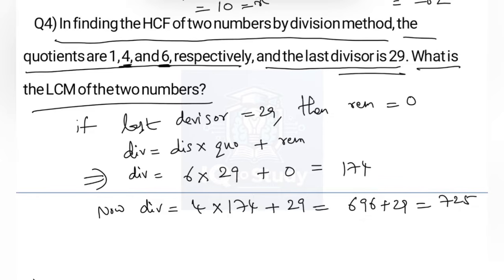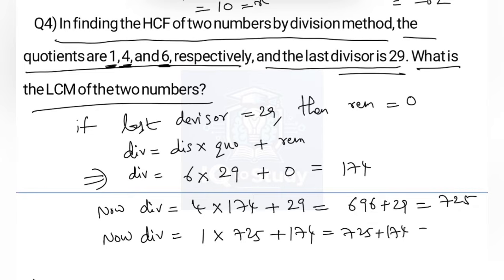In this case, the divisor before 725 was 174 and the quotient is 1. So, dividend is equal to 1 into 725 plus 174, that is 899.